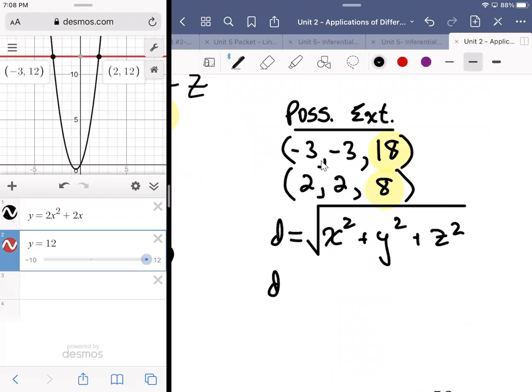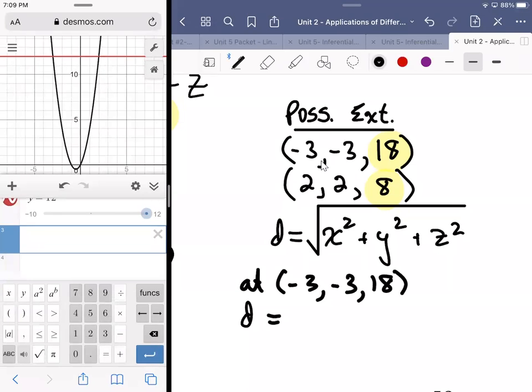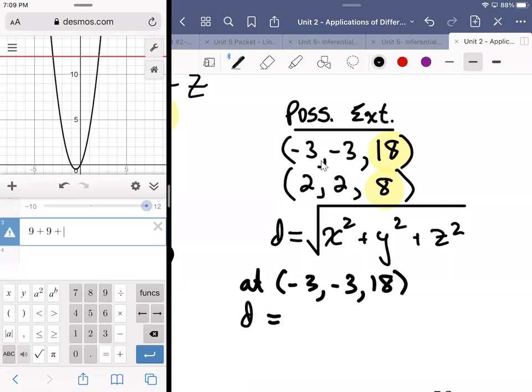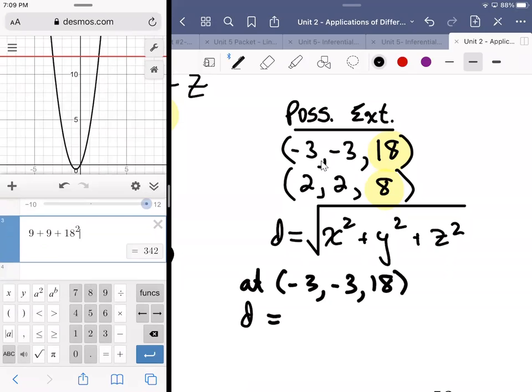It's really just for the sake of not writing d of -3, -3, 18, so I'll write at -3, -3, 18, d would be equal to the square root of 81 plus 81 plus... 162, so 270, something like that. Oh, actually, that's not even close. It's 9 plus 9, because I squared 9 again for some reason. Square root of 342.